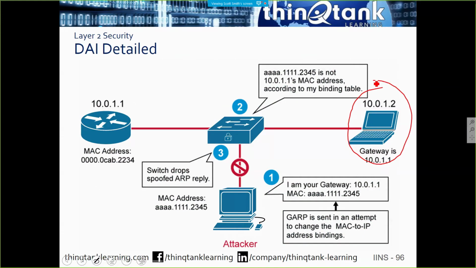Now we've got two things configured on this switch. We've got dynamic ARP inspection configured, and we have DHCP snooping configured. So when this client booted up initially, it sent out a DHCP discover. Because this port is untrusted, it's only allowed to send a discover and a request, because those are the only two client message types that are allowed.